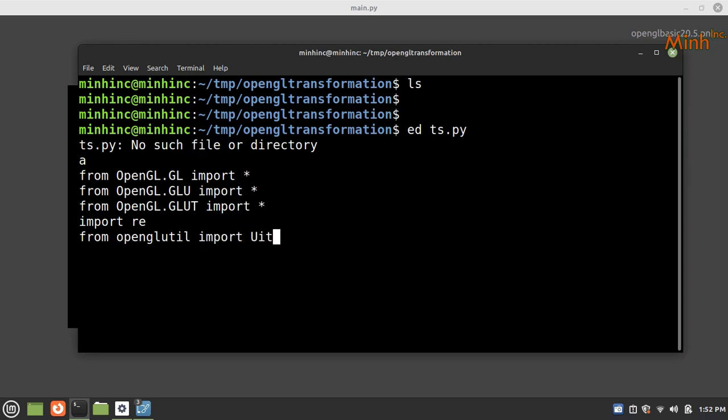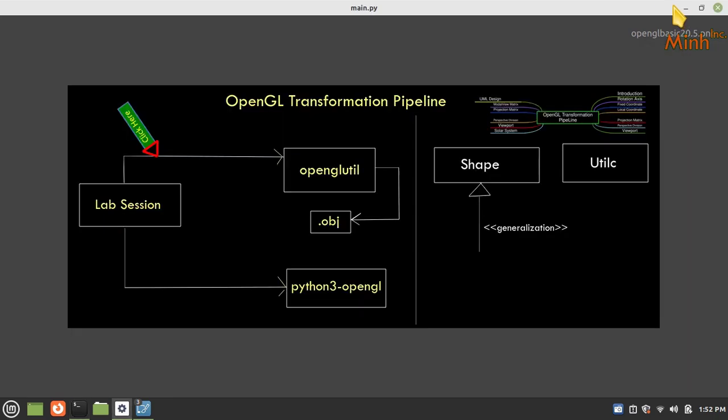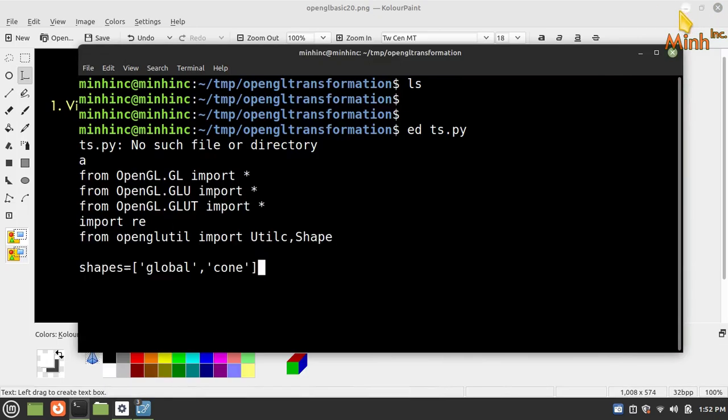We'll import util and shape. Okay, we'll have a shapes list, that is a global list, and we have global and cone. So cone is the example that we are giving.